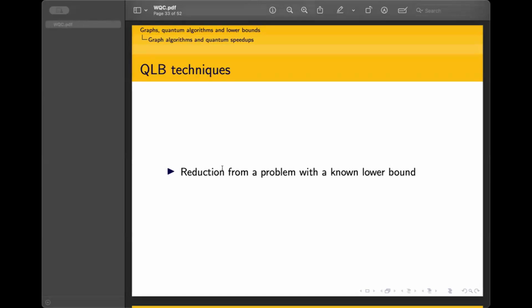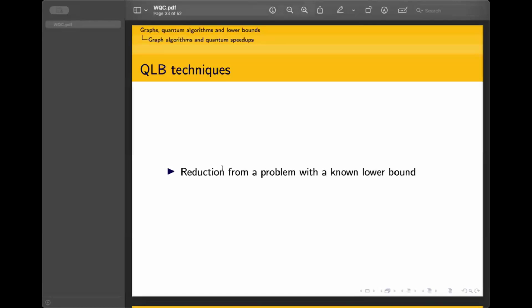I don't know if it's clear, so let me restate. You take some problem with a known lower bound. Suppose you know that unstructured search cannot be done quantumly faster than square root of n, which has been proven. So Grover is optimal; square root of n is as good as you can get. So this problem has a known lower bound.